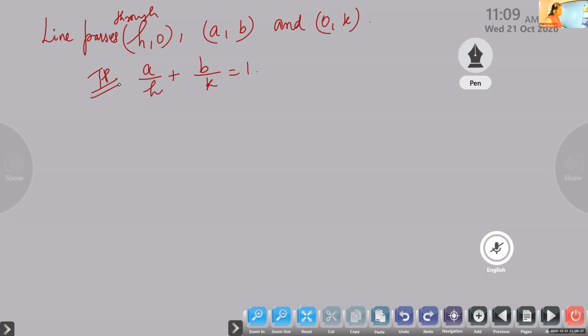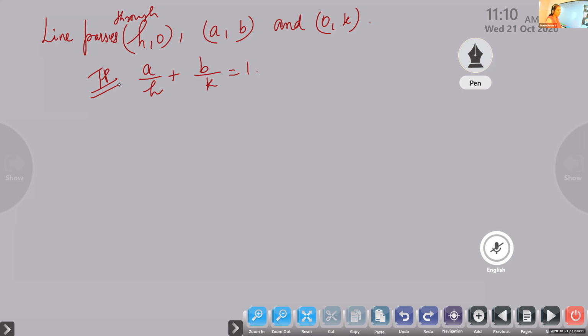Or the same question: if 3 points (h, 0), (a, b) and (0, k) are collinear, show that a by h plus b by k is equal to 1.